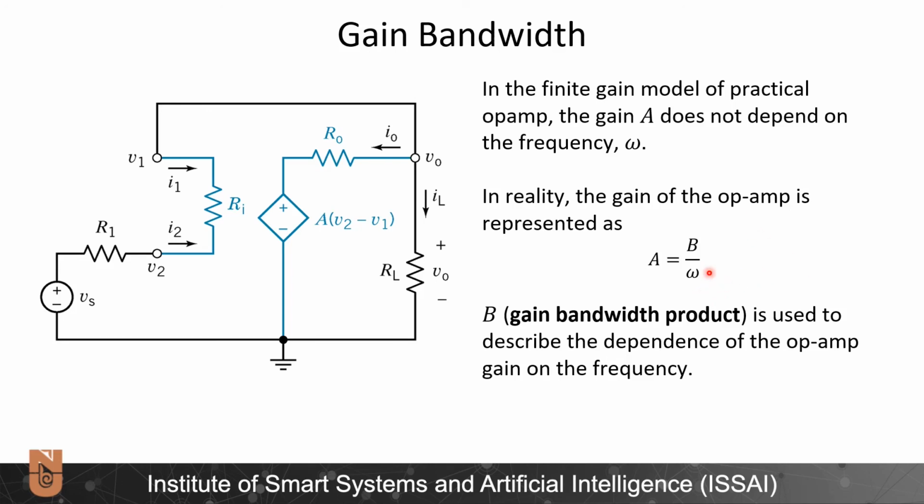So when the frequency increases, the gain of the op-amp decreases. Therefore, we want an op-amp with the greatest possible gain bandwidth product such that we can use it in order to track high frequency sinusoidals.